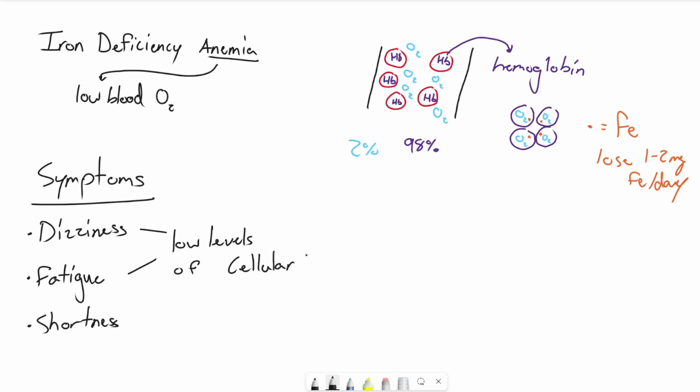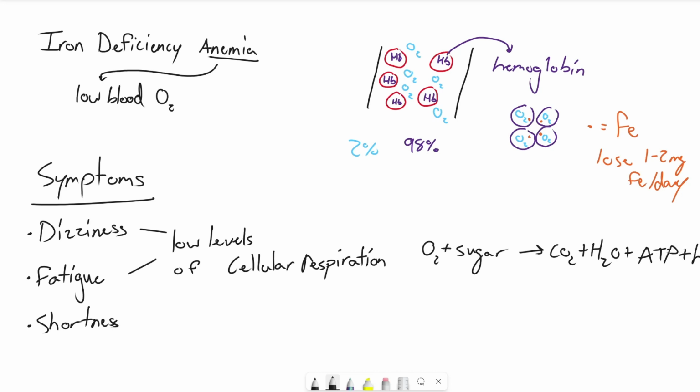So let's talk about what cellular respiration is, because that is why, let me make sure I spell this right. There we go. Cellular respiration is why we need oxygen in the first place. That is the chemical reaction that goes oxygen plus sugar yields CO2, remember we breathe that out, water, ATP, a molecule called ATP, and heat.